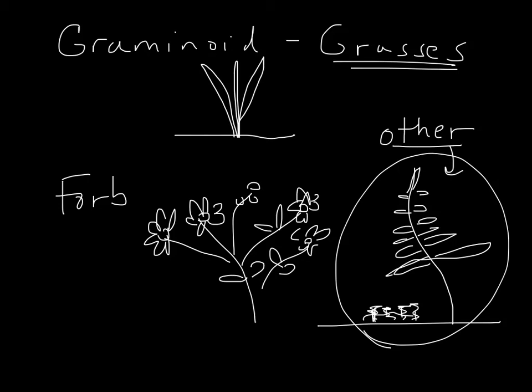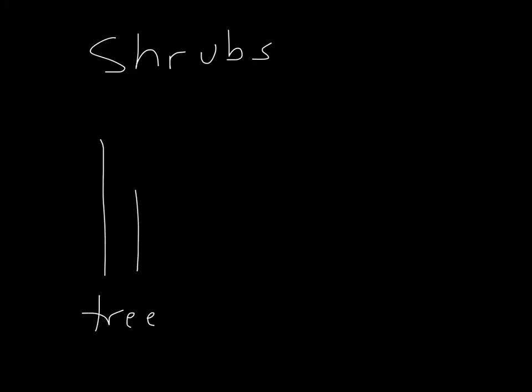Then shrubs are going to be shrubs, and let me just say, a tree. It has one trunk, and then it branches out up like this, and there's going to be leaves and things. So one trunk on a tree.